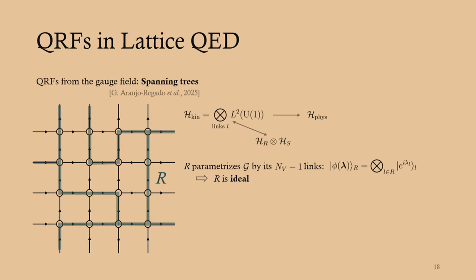And these are identified to the links outside of the spanning tree. For example, let's say we have this link here. This would be associated to the holonomy I get if I close the loop on the spanning tree. And if I gauge fix my spanning tree, this will map this holonomy to the link operator on here and vice versa. So this is just a way of fixing all the holonomies so that their degrees of freedom are exactly on one link outside of the spanning tree.